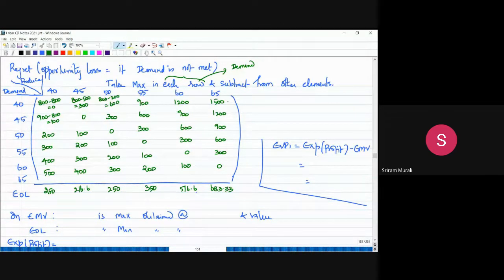So EMV, expected monetary value. How do you compute expected monetary value?